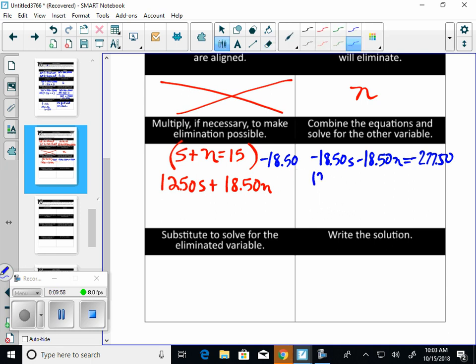I'm going to put my original down, 1250S plus 1850N equals 223.50. I can see that my N's will eliminate. So negative 1850 and a positive 1850, and then negative 277.50 and a positive 223.50.